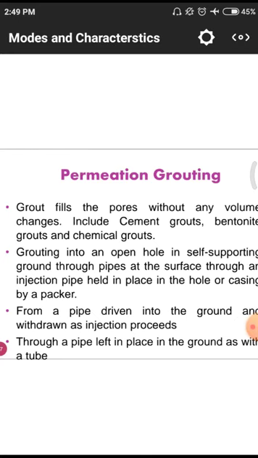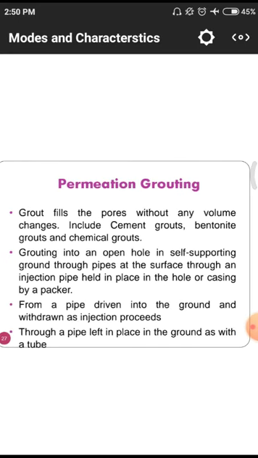In this, the first one is the permeation grouting. In permeation grouting, the grout fills the pores without volume changes, and includes cement grouts, bentonite grouts, and chemical grouts. These are the different materials they are utilizing for permeation grouting. The second one is grouting into an open hole in self-supporting ground through pipes at the surface and through an injection pipe held in place in the hole of casing a packer.